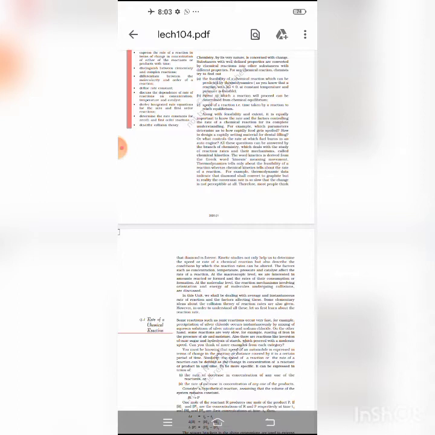This is called the rate equation, and it may be expressed as minus del R by del T or del P by del T. The negative sign in the rate expression indicates the decrease in the concentration of the reactant and gives a positive value of the rate. Its unit is mole per liter per second.